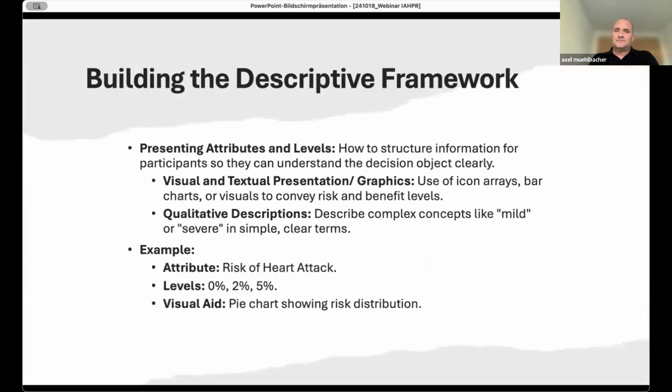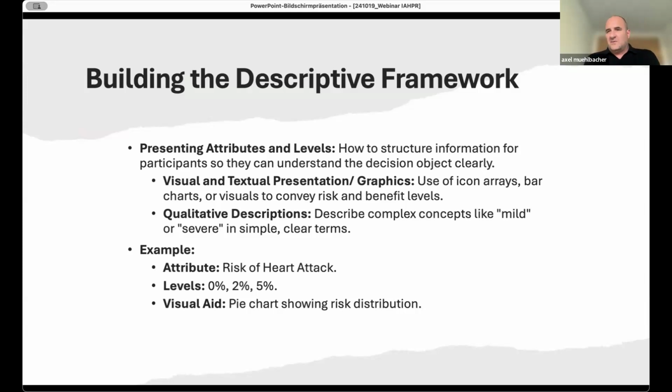Now I'm coming to the question on how to build a descriptive framework. And I first want to introduce the idea of a descriptive framework, or the question, why do I need one in health preference research?